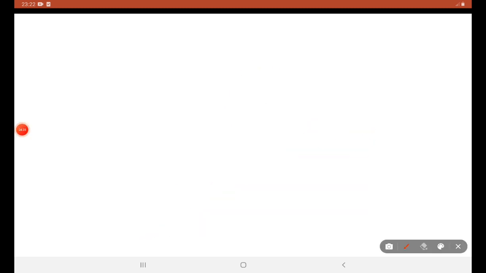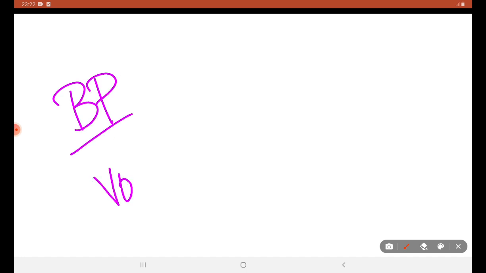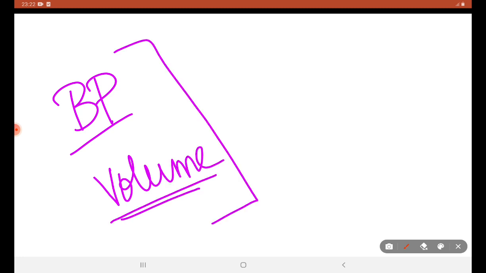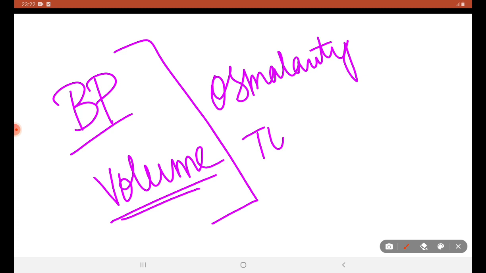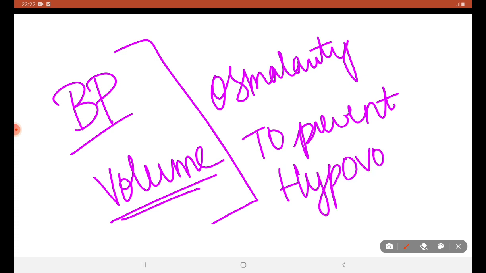So once when hemorrhage happens, when there is loss of blood, the body strives to maintain blood pressure and volume. It secretes ADH to absorb water from interstitial fluid to maintain osmolarity, to prevent hypovolemia.